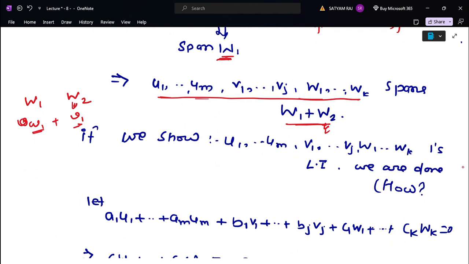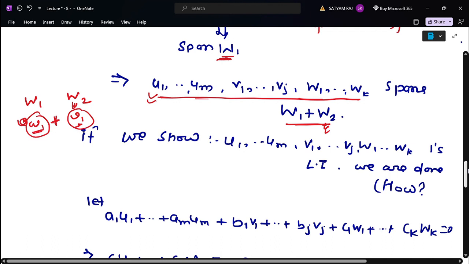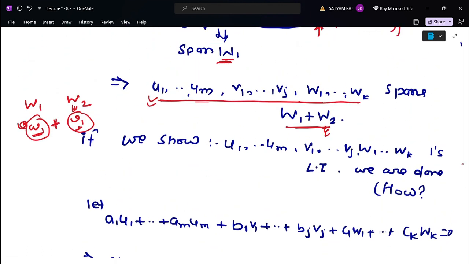These vectors can span W1 and can span also W2. So if we add all these vectors, which are spanned by all these vectors and these vectors, we can get all the vectors from W1 plus W2. Okay, now this is the spanning set.